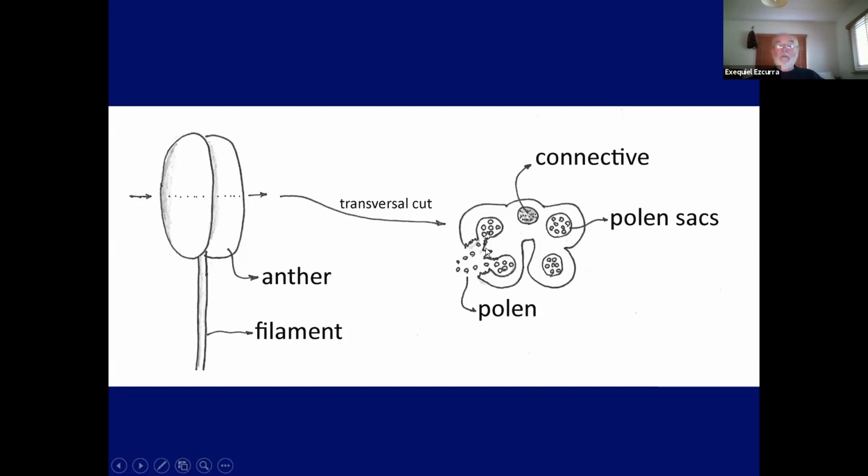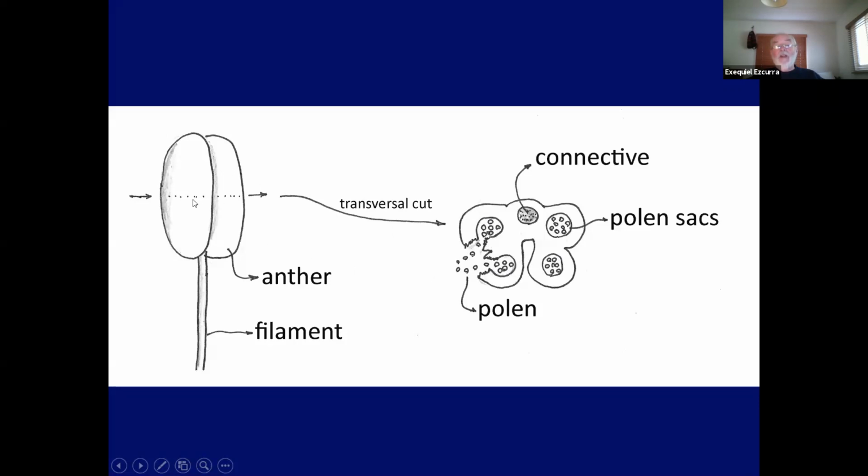Eventually, as the plant ripens, the anthers will open on the side, sometimes on top, a phenomenon known in botany as dehiscence. They will dehisce, they will open and start releasing the pollen that is coming from the inside. Remember, the pollen is like the sperm of the flower, and it's released through the process of dehiscence.